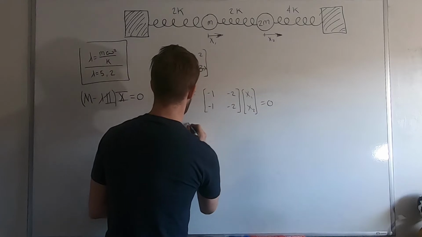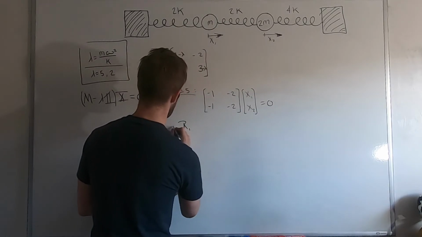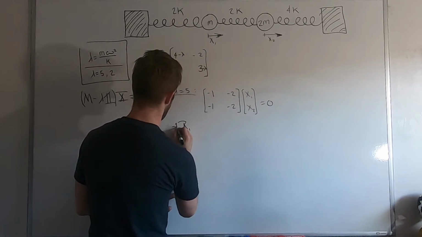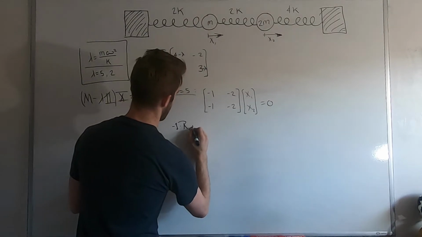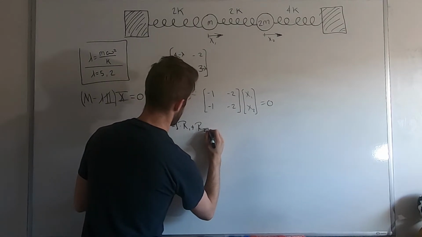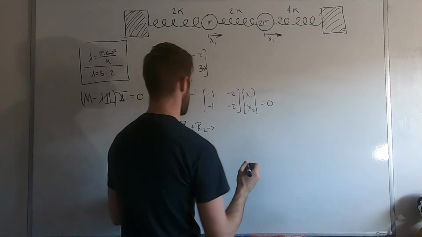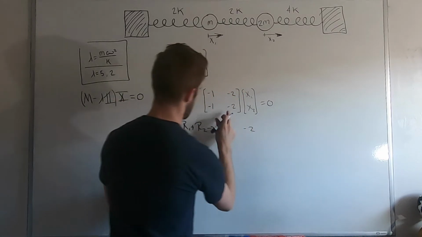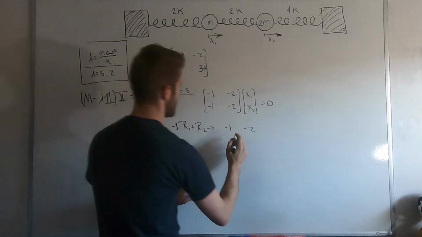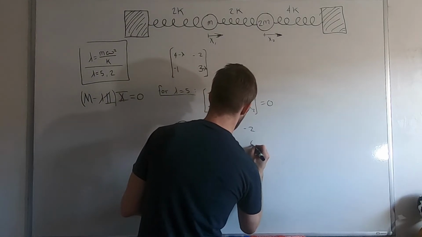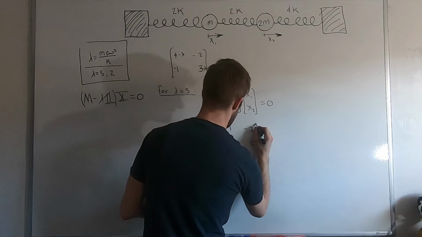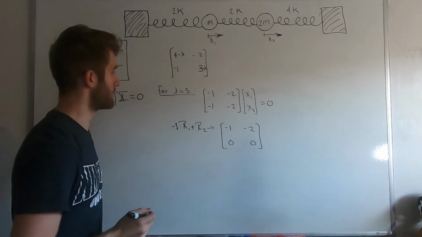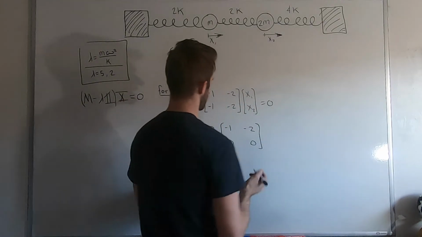So let's multiply row 1 by negative 1 and add that to row 2. We're going to have negative 1, negative 2, and this row becomes 0. And there we go. That's exactly what we're looking for. So we are on the right track.